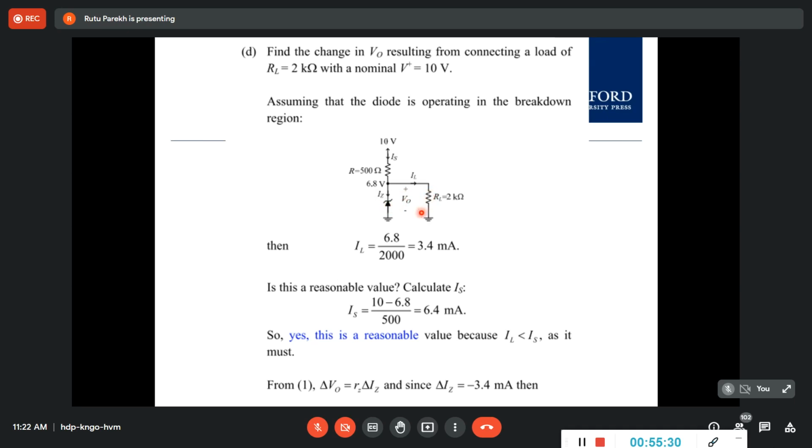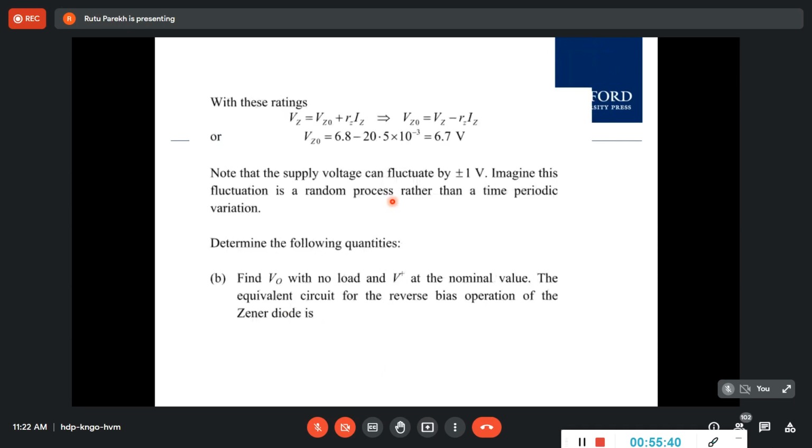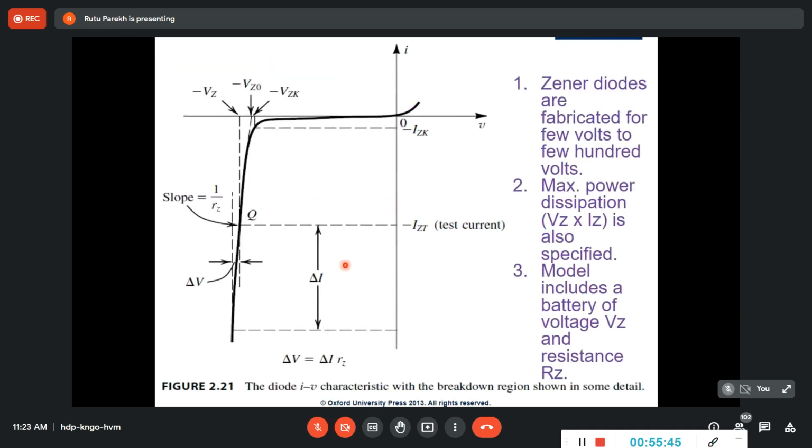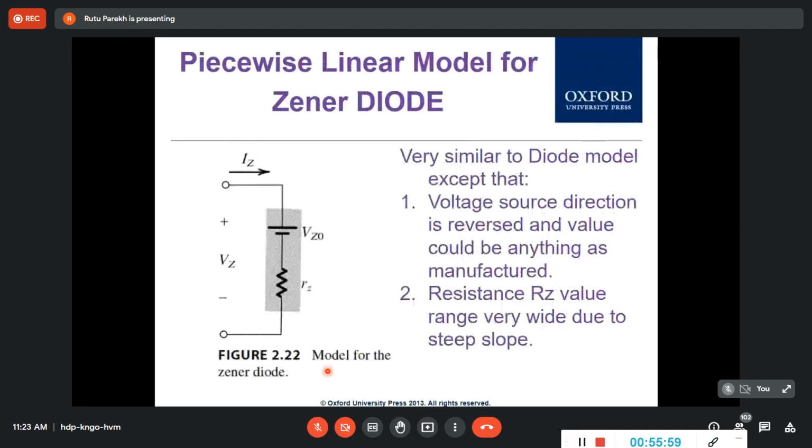But now the load is there, so a little is stolen from the Zener. And how much is it? Delta IZ, as we had seen in this equation, delta V is equal to delta IZ RZ. So IL, the load current, is nothing but the change in the Zener current.